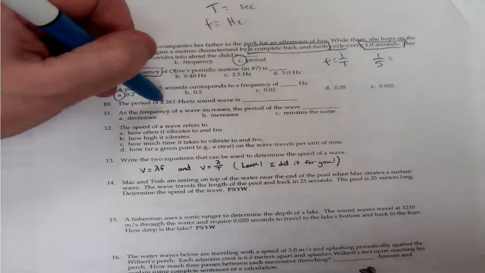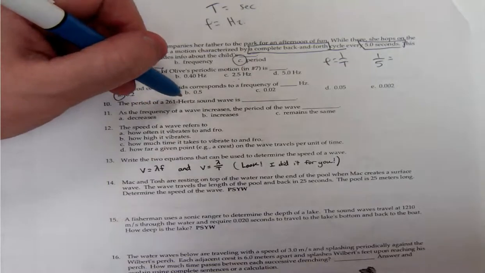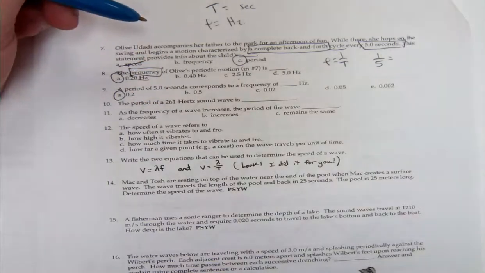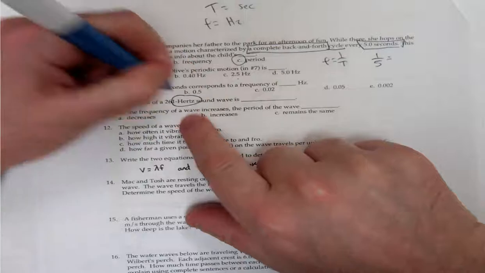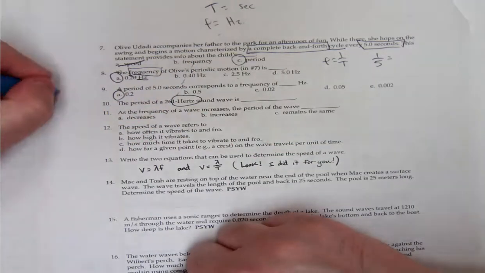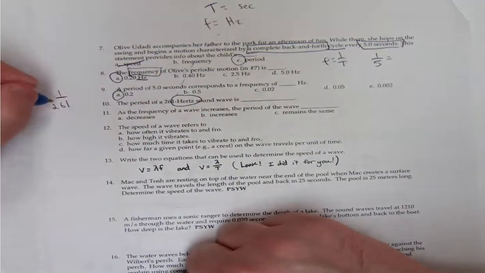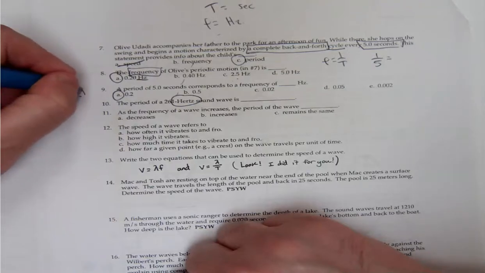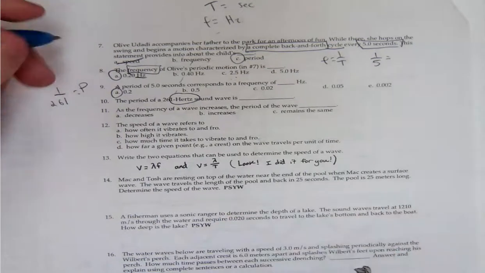A period of 261 hertz sound wave is, so remember, you see hertz, you automatically go frequency, right? So we need to do 1 over 261, and that should give us the period.